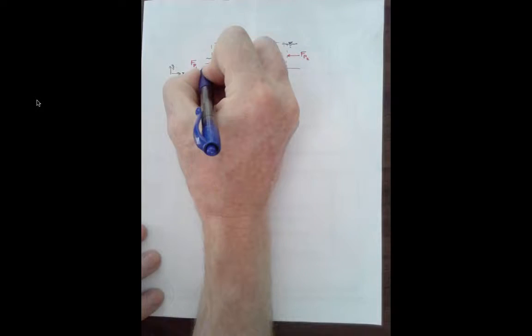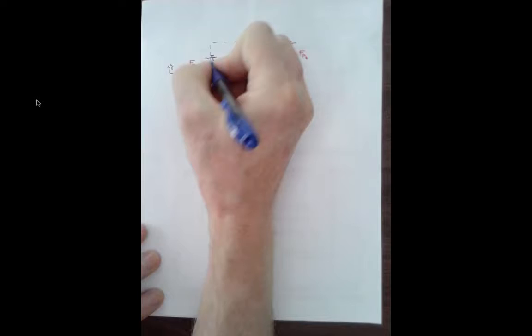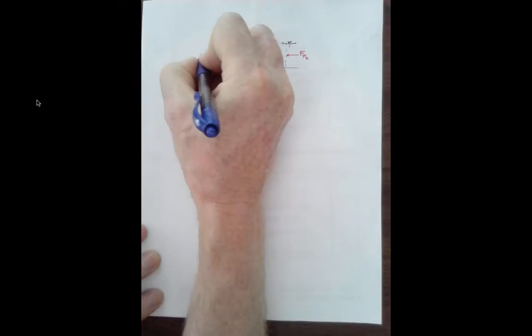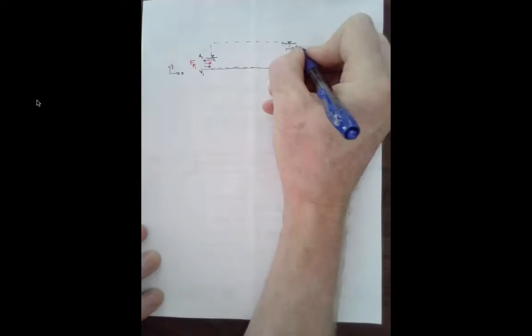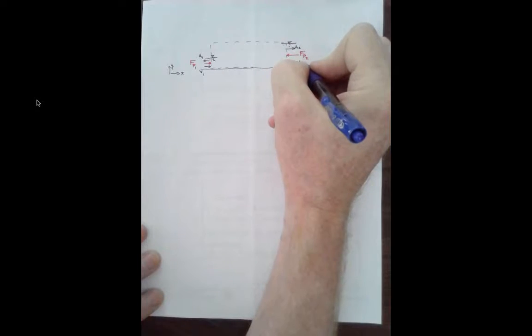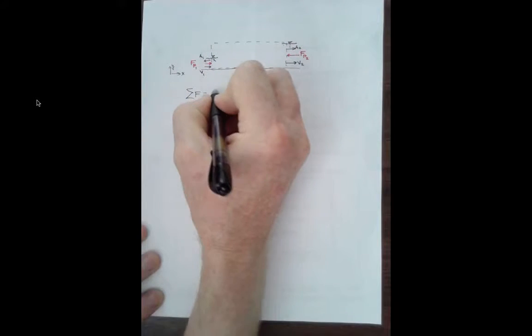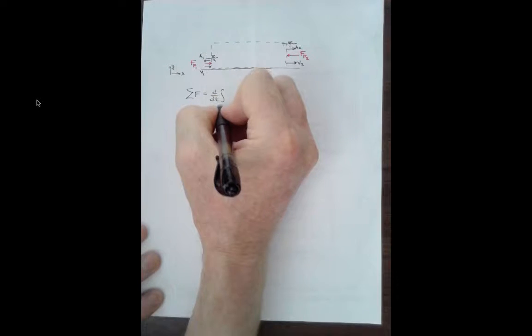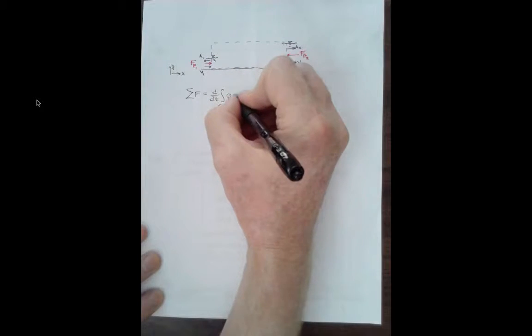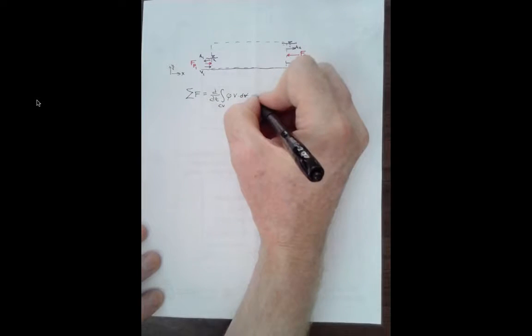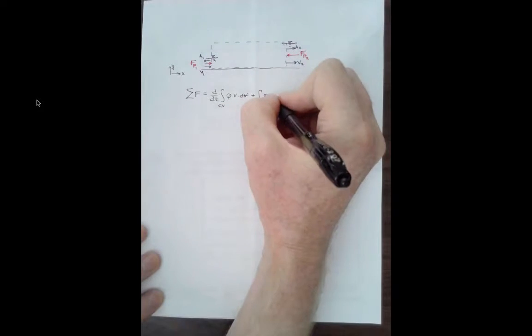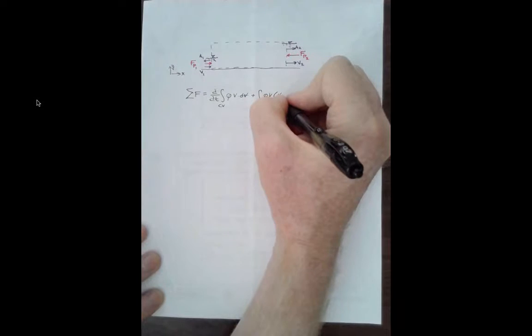We also have V1 entering, A1 looking out, A2 looking out, V2 looking out, and momentum for this case has that the sum of the forces is equal to d by dt, integral over the control volume, rho v dot d volume, plus the integral over the control surface of rho v dot dA.